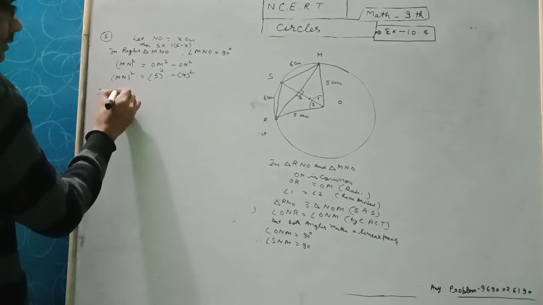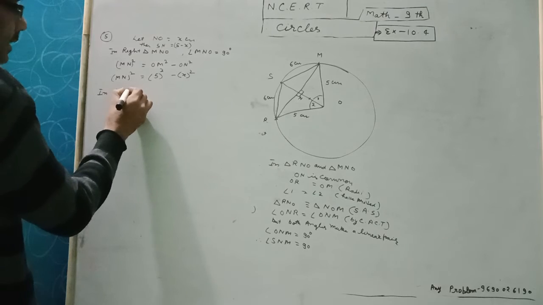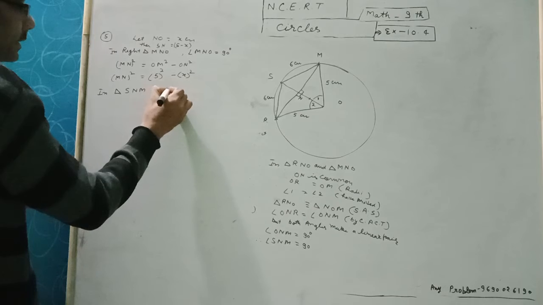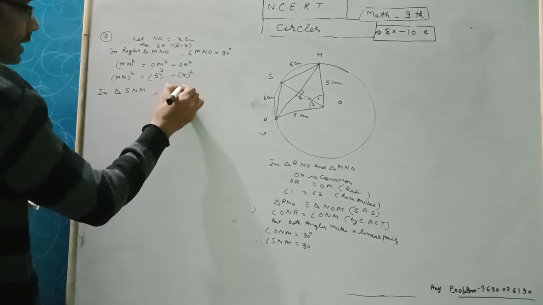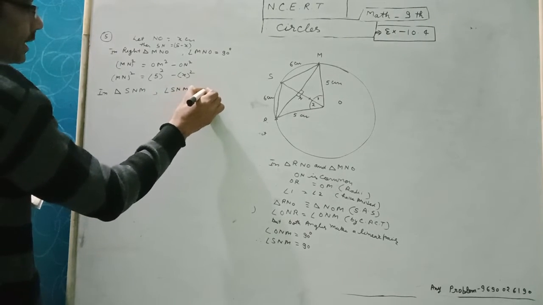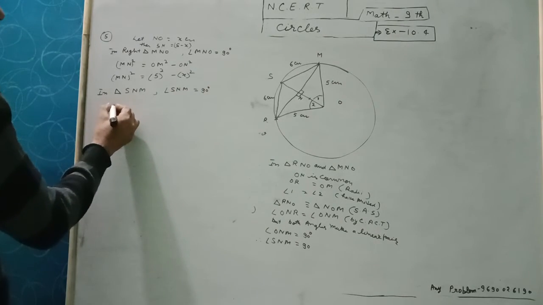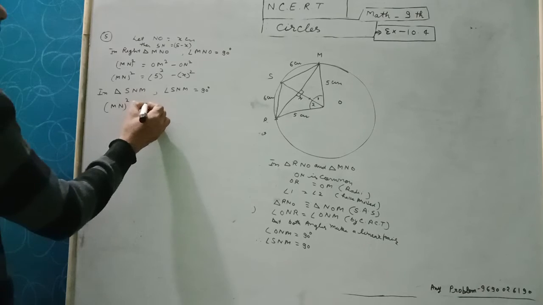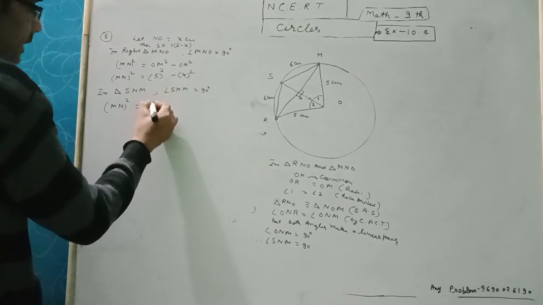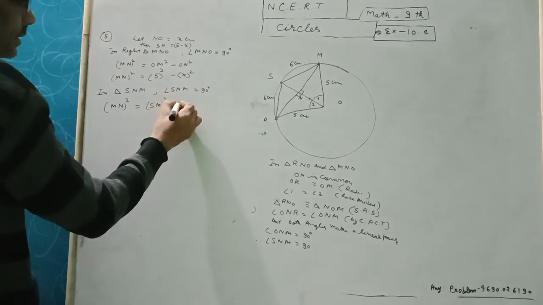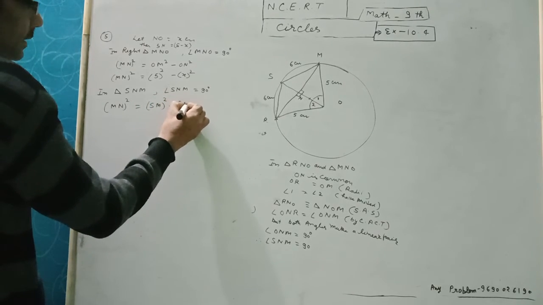Now in right triangle SNM, where angle SNM is equal to 90, SM is the hypotenuse. MN square is equal to SM square minus SN square.